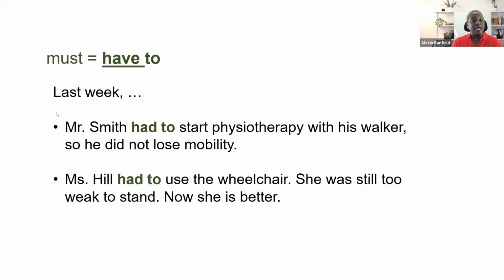So talking about last week, Mr. Smith had to start physiotherapy with his walker so he did not lose mobility. Ms. Hill had to use the wheelchair again last week. She was still too weak to stand. Now she's better.